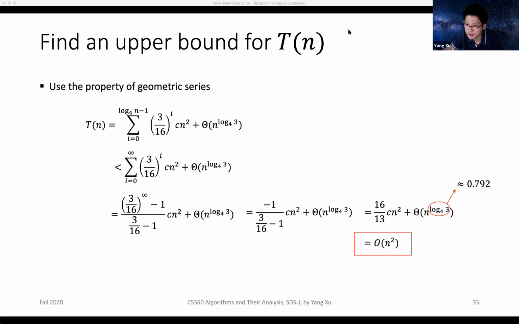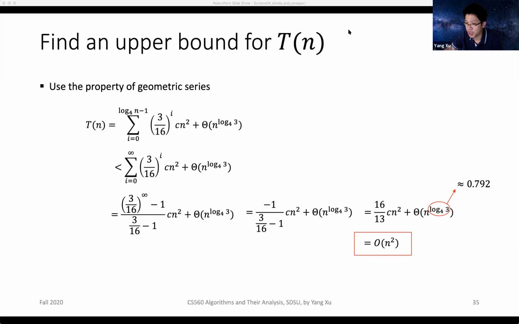Let me see if I can answer John's question here. How does our big theta n squared factor into the amount of levels, given that so far we've focused on? So the big theta of n squared in the original recurrence is something we treated in a simplified way.